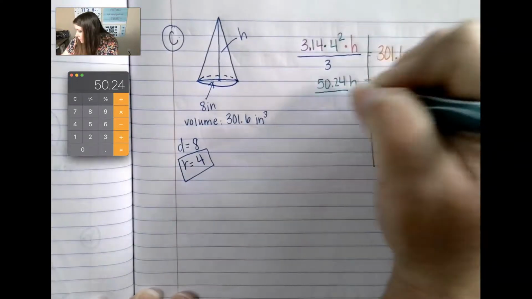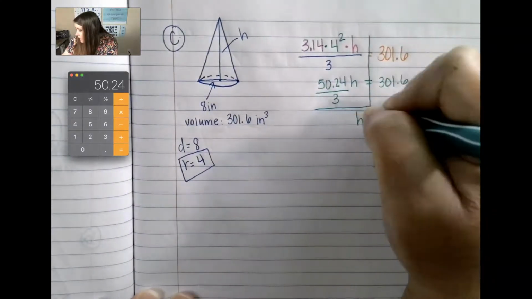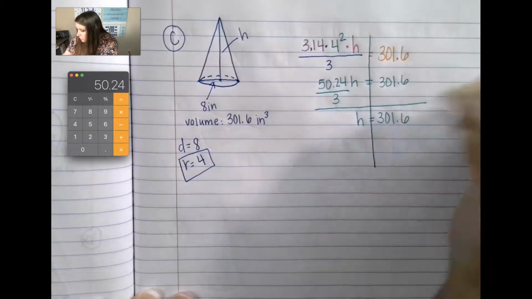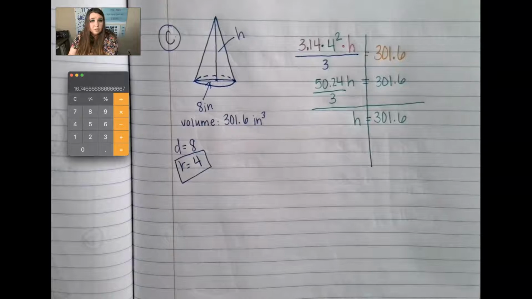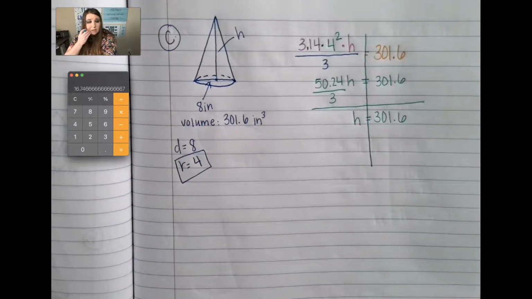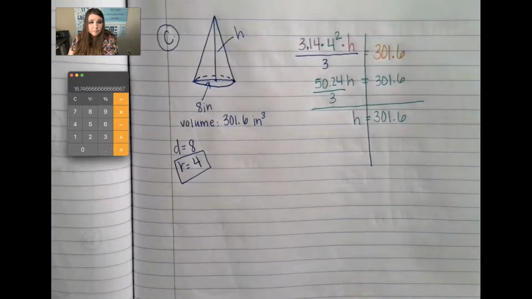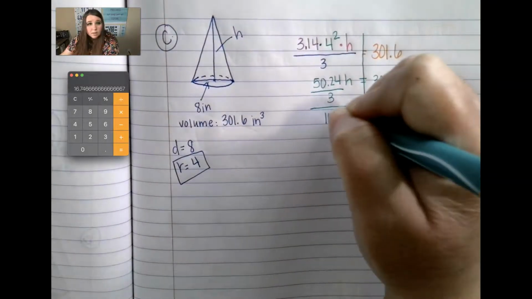I need to divide by 3 still to get whatever h is. So 50.24 divided by 3 to finish solving that side. Oh my goodness. Let's round this up to 0.75. That 6 can tell the 4 to round up to a 5. So we get 16.75.